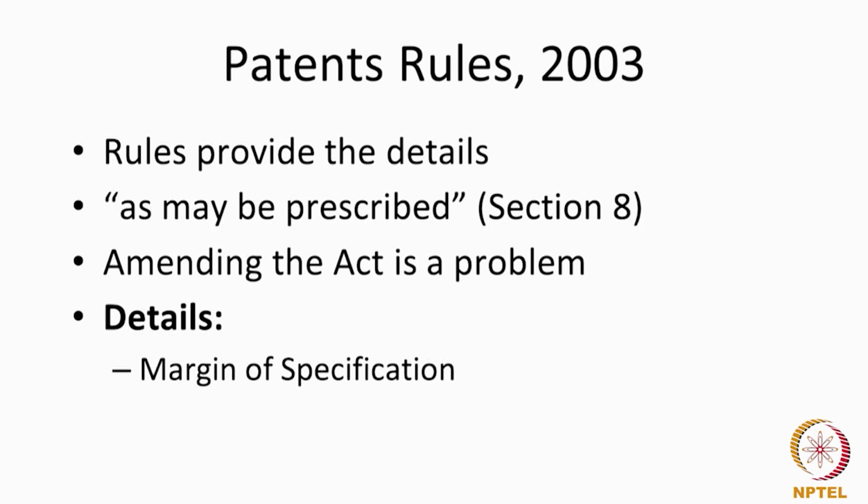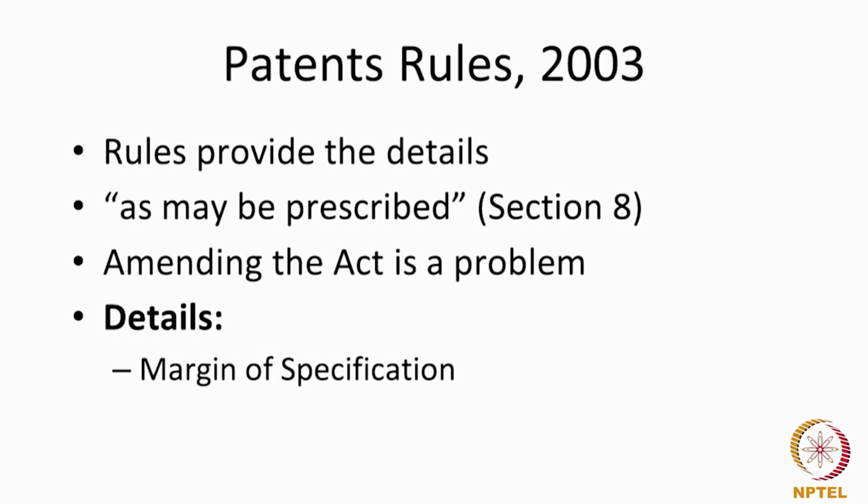At a very broad level, they describe these generic phrases, as may be prescribed: the timeline or the fees prescribed, you will find in the rules. Any timeline that has to be maintained is most likely described in the corresponding rules. The fees that have to be paid can be found in the rules in the first schedule or the fifth schedule.